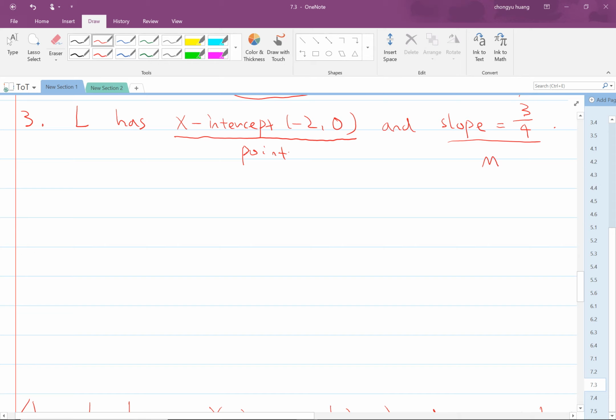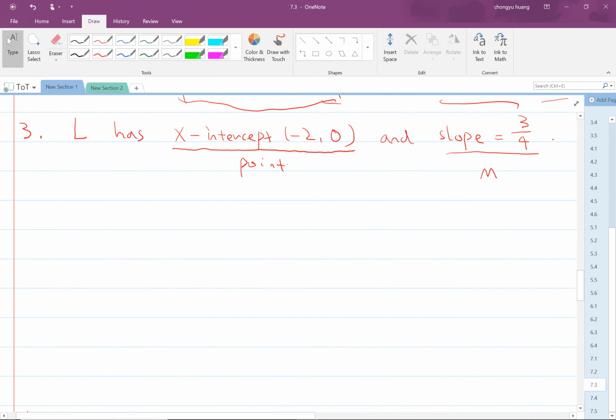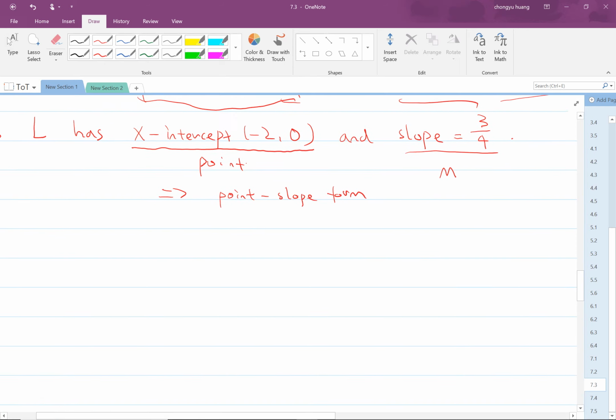So here we have a point and a slope, which indicates we can use the point slope form. Let me rewrite a little bit. So we can use the point slope form, and we cannot use the slope intercept form over here. Let me put in an indicator over here.